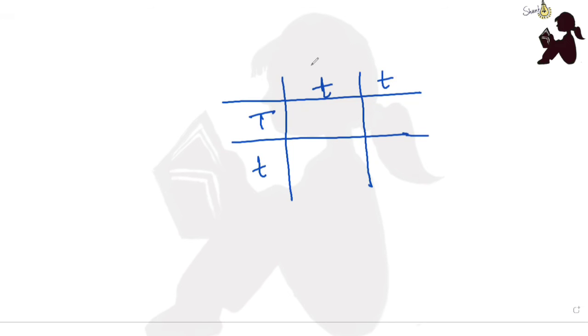So the results will be capital T small t, then another capital T small t, and the other two will be small t small t.